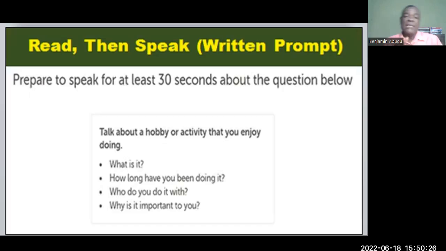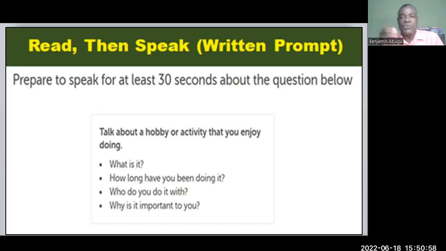Then you need to actually make sure that you don't digress from the topic, stay on topic. And another thing is that you should use related vocabulary. If you are talking about singing, there are words associated with singing. If you are talking about football, there are words associated with football. If you are talking about computer operations, there are words that are relevant to computer operations.